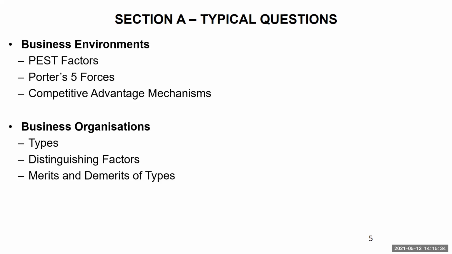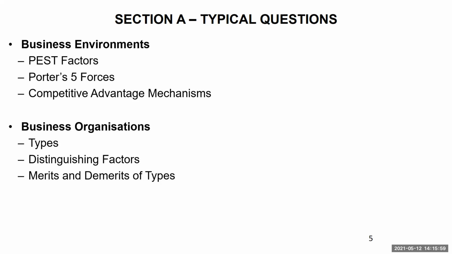All right. Again, what are business organizations? You've seen this in the coursework. What's the meaning of a business organization? The types, as many as you can, in the coursework. I think most of you did a good job. What are the distinguishing factors? We looked at that. What distinguishes one business organization from the other?